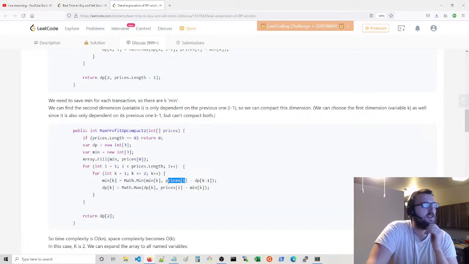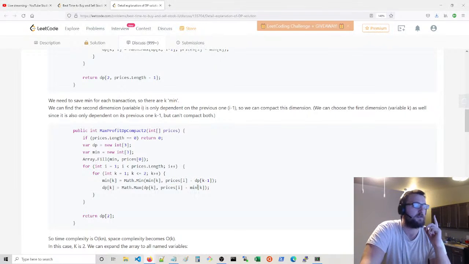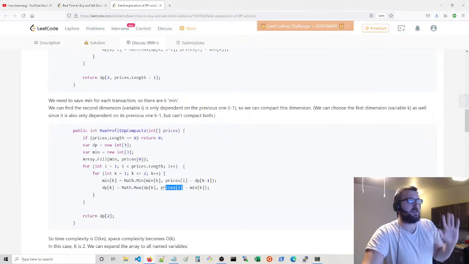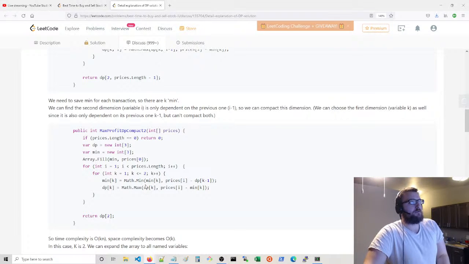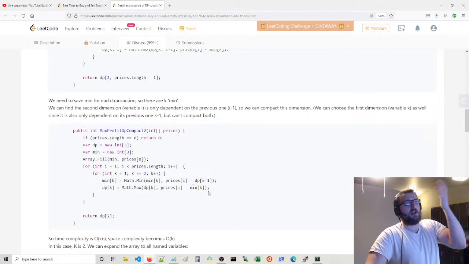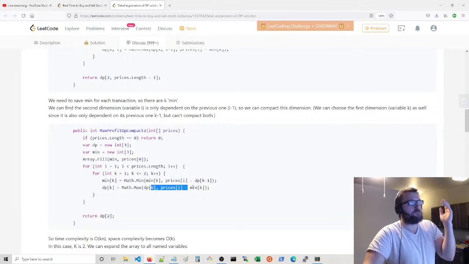So if dp of 1 changes, how much did it change? We said there's some delta. The minimum didn't change from the previous calculation. We said the price went up, it had to have, in order for there to be a change at all for dp of 1, because the minimum didn't change.